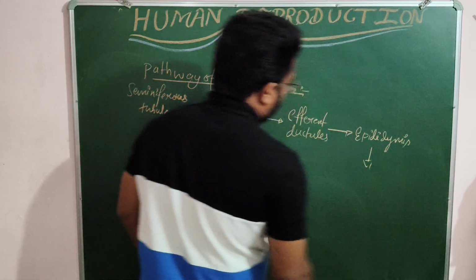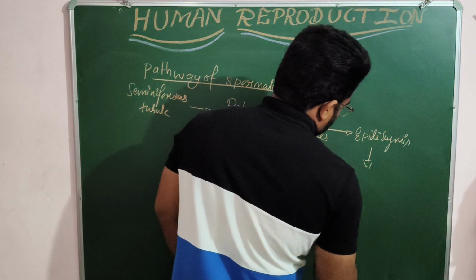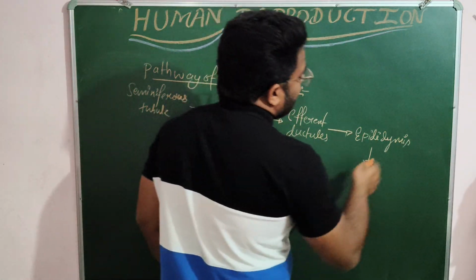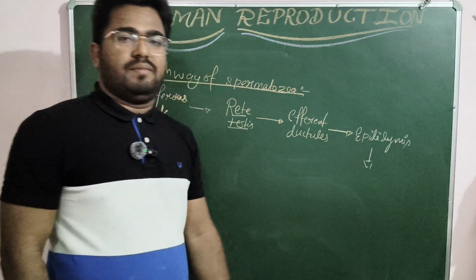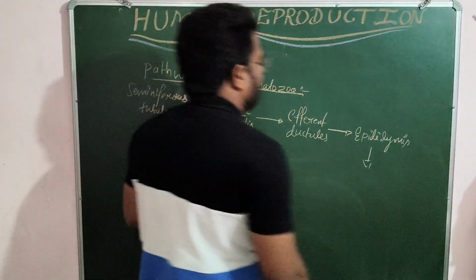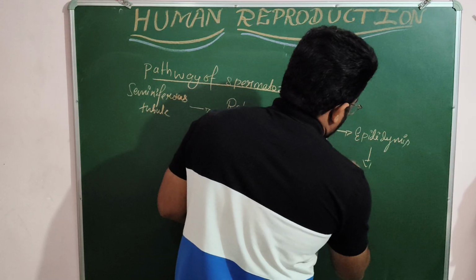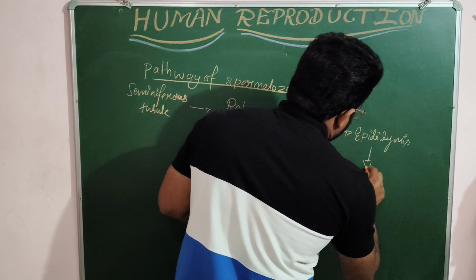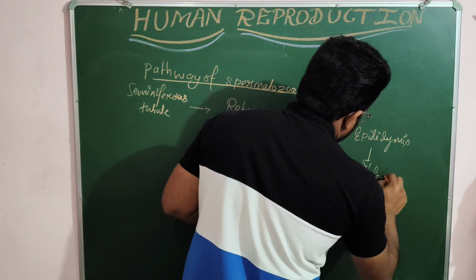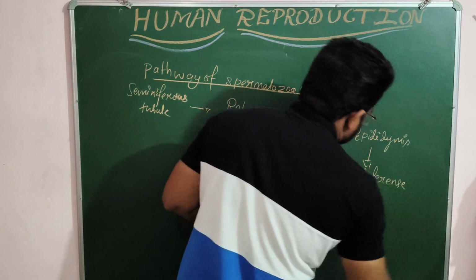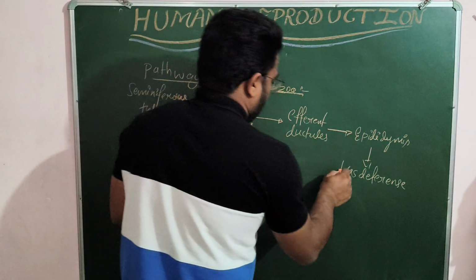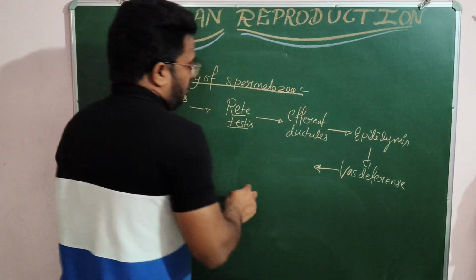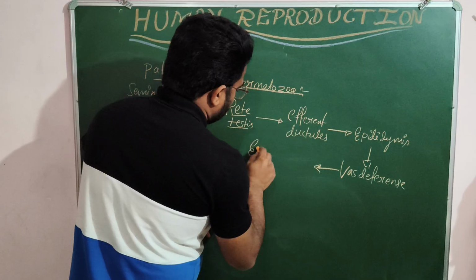Temporarily, spermatozoa are stored inside the epididymis for maturation. Then they are transferred to vas deferens, also known as ductus deferens, and after that it is transferred to ejaculatory duct.